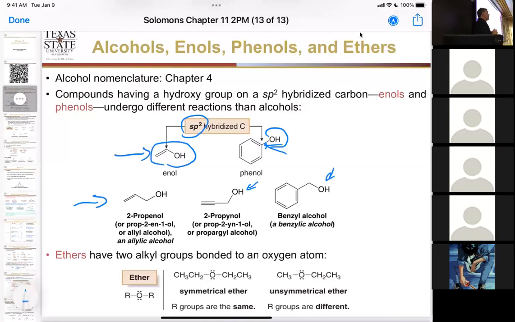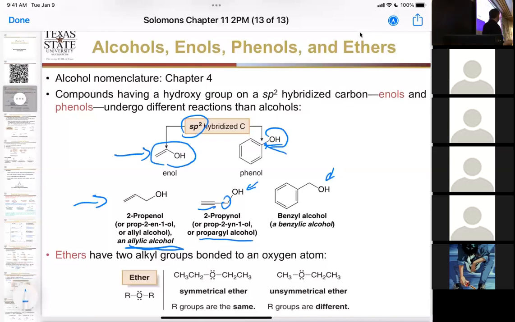Now, if we space that alcohol out one CH2 unit from there, we have what's called an allylic alcohol. Think about it. That OH is one carbon over from where the double bond is. So it's analogous to our allyl cation or allyl anion, but it doesn't move around like that. Now, if you have it one away from a triple bond, we call that the propargyl alcohol.